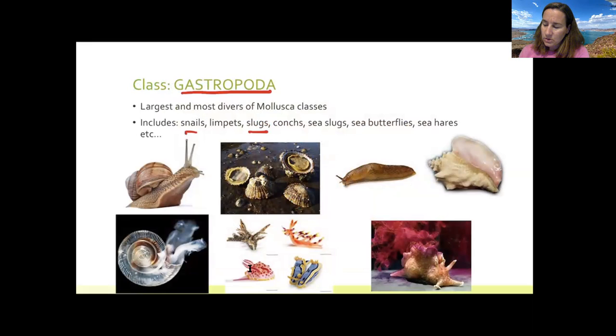It's also going to include your conchs, which are delicious. Your sea slugs. Remember we saw that beautiful little sea slug, that gorgeous little cute blue looking guy? This is another one. Here's some more. Sea butterflies and sea hares are all in this gastropoda class.